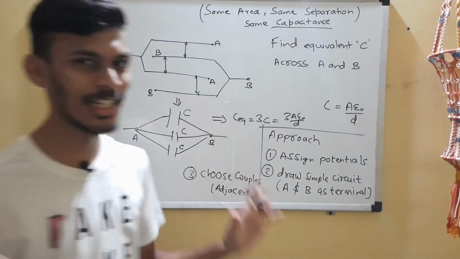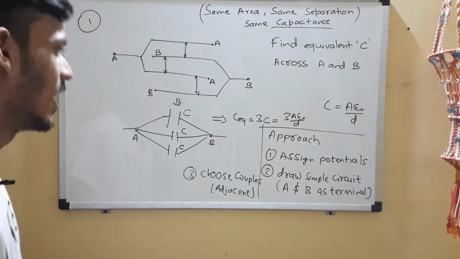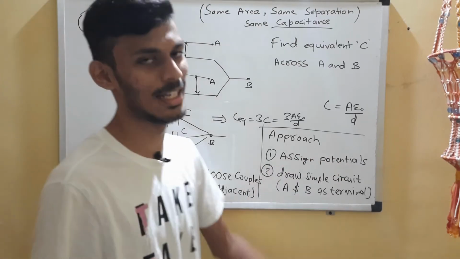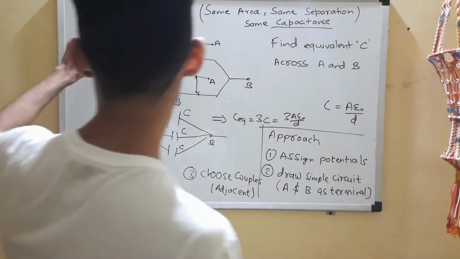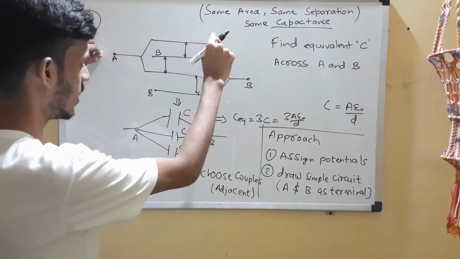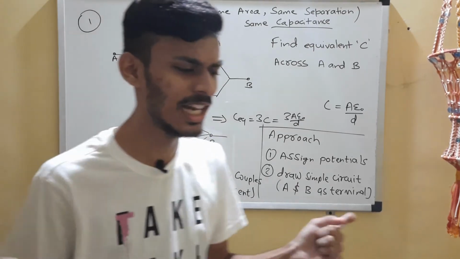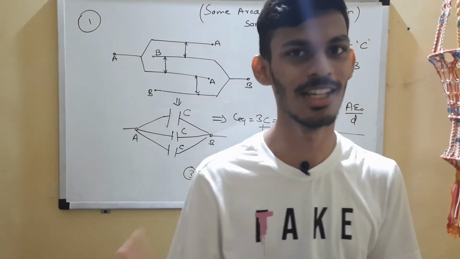Let me just revise the approach if it's not that clear. The first step is to assign the potentials. How do you assign? You look at the terminal, you assign the potential to the plates. Remember that two plates which are connected will have the same potential.